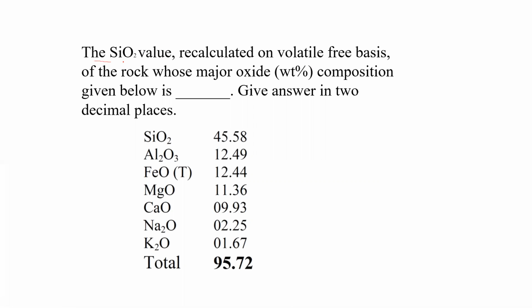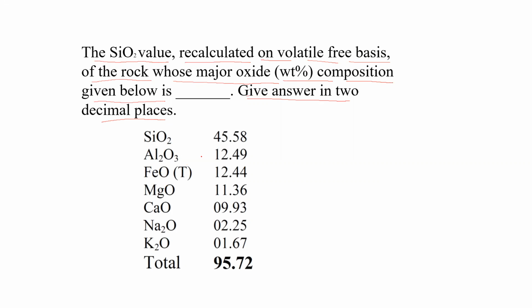Here is the question: the SiO2 value recalculated on volatile free basis of the rock whose major oxides weight percentage compositions are given below is what? Give the answer up to 2 decimal places. So here the SiO2 value is recalculated on the volatile free basis of a rock, and the major oxide weight percentages are given here.